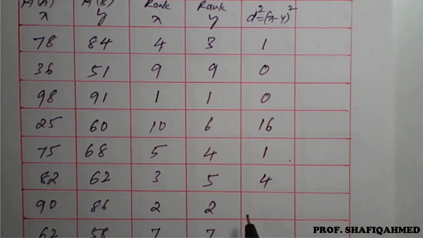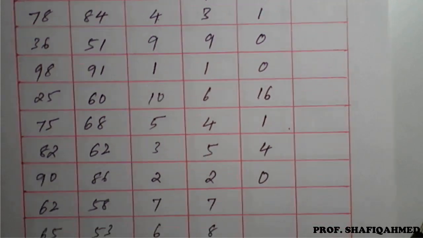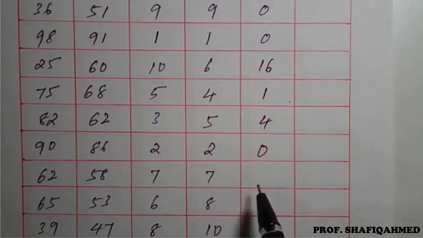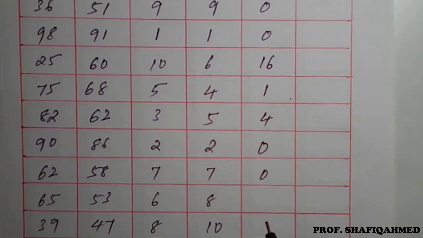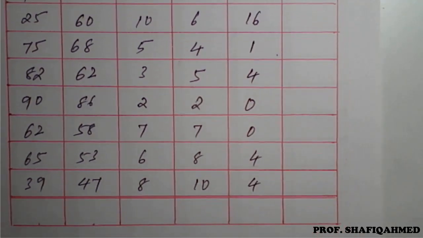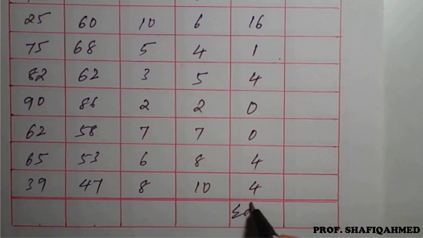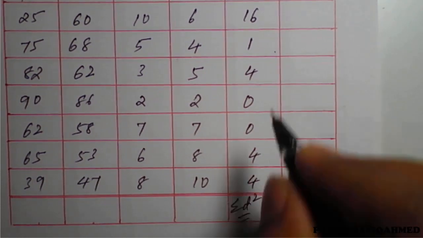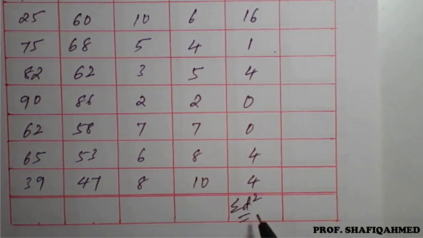Then 2 minus 2 is 0, square is 0. 7 minus 7 is 0, square is 0. 6 minus 8 is minus 2, square is 4. 8 minus 10 is minus 2, square is 4. If you take the summation of d square, adding all the values, it will become 30.